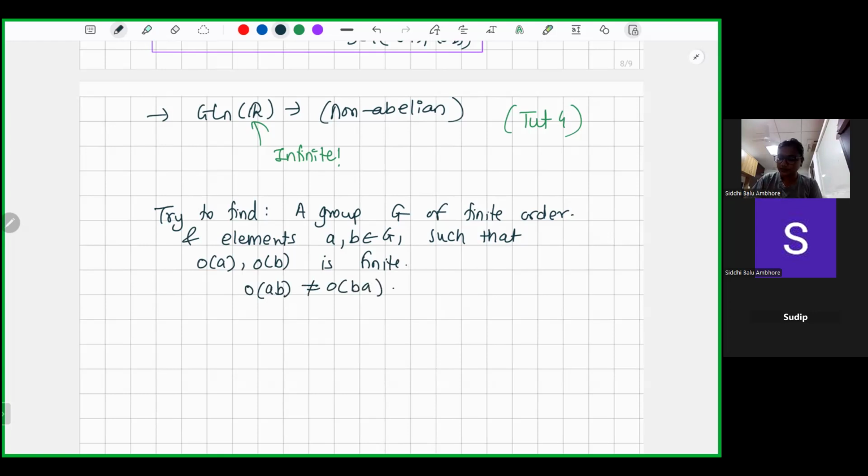And we need to look among the non-abelian groups to find this.